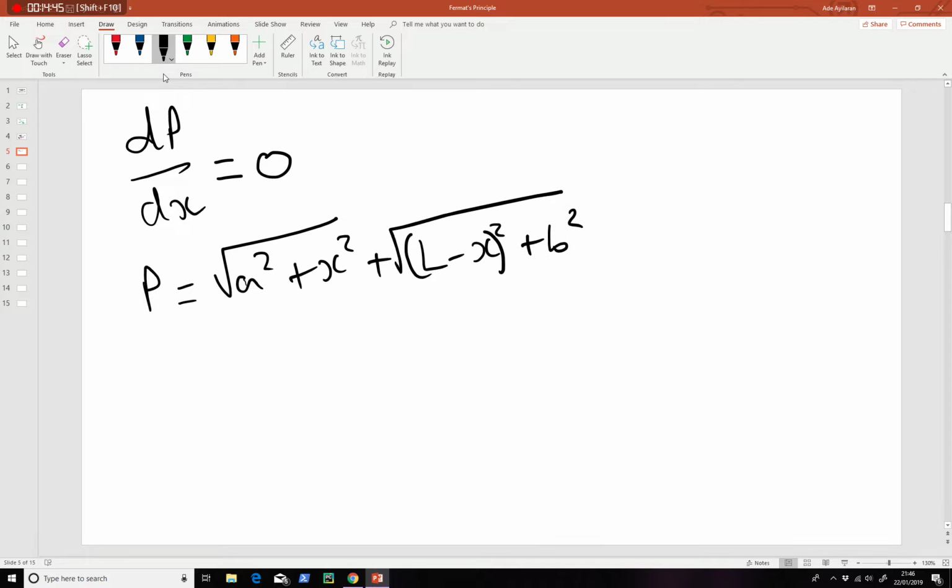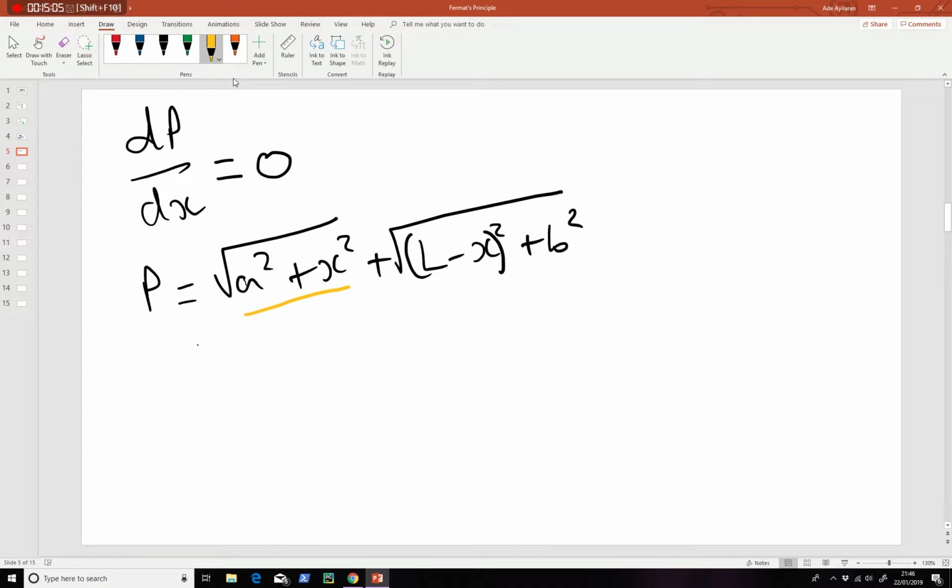Now, this sort of differentiation is both a combination of chain rule and differentiation by substitution. So let's do it in two parts. Let's first of all handle the left side. So let's differentiate the left side of this addition sign.